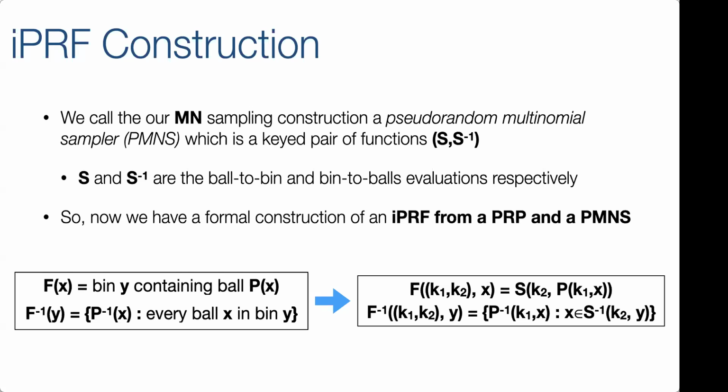And so this will be polylog time for some other polynomial, but it'll still be polylog. You don't have to stare at this. If you got the intuition, this is just doing the composition, right? S is just ball to bins, and S inverse is just bin to balls. It's just the notation we use in the paper.